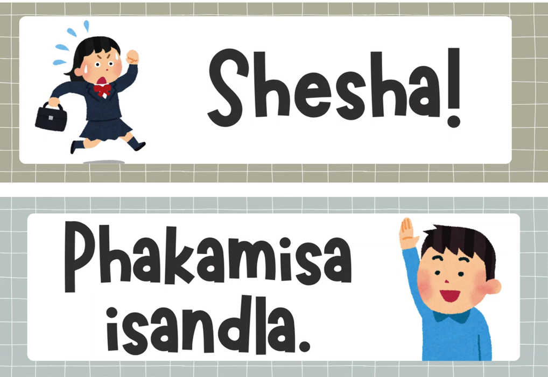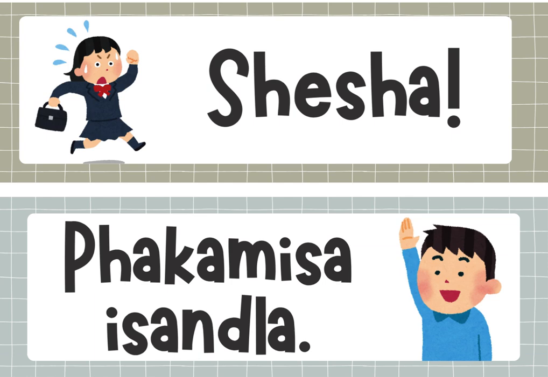The next one. The teacher had just asked a question and then suddenly everyone starts answering without raising a silent hand. Then the teacher can be like, Phakamisa isandla, please. Phakamisa isandla, meaning raise a silent hand or raise your hand.